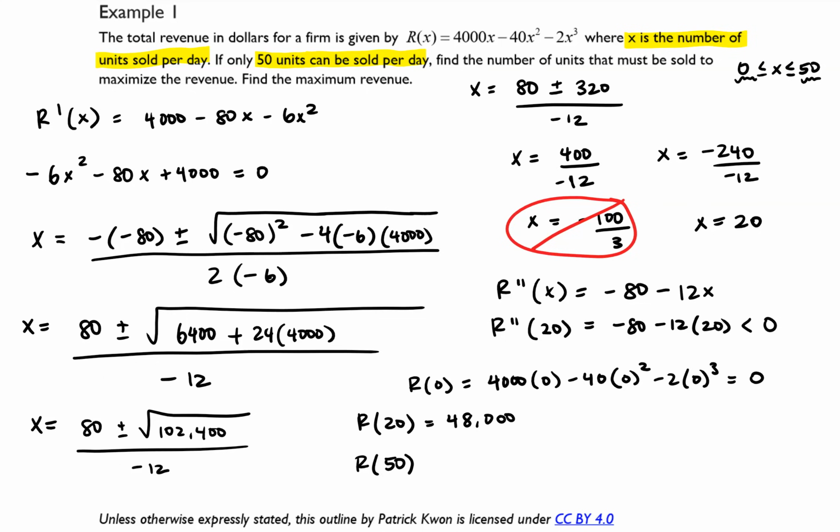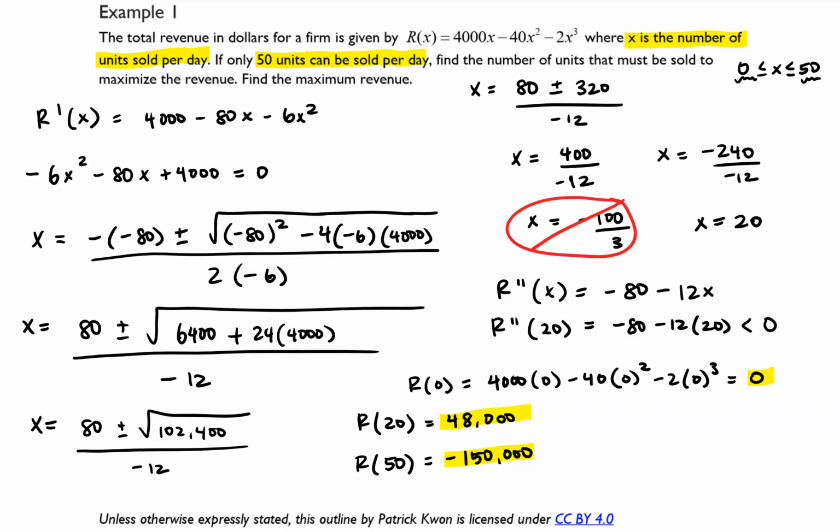And make sure that you are able to get the same number. And then r of 50 is equal to negative 150,000. So out of these three values, 0, negative 150,000, and 48,000, 48,000 is definitely the highest.